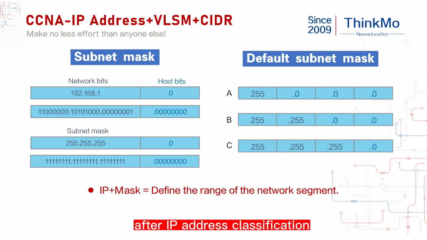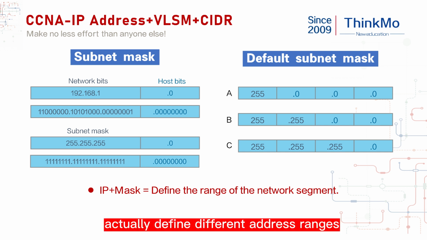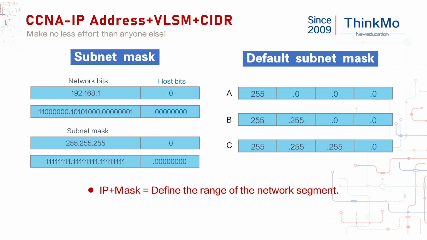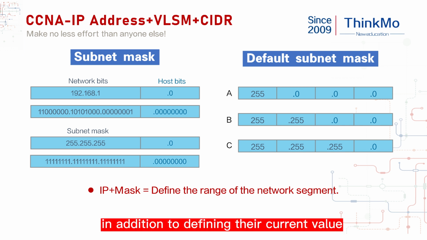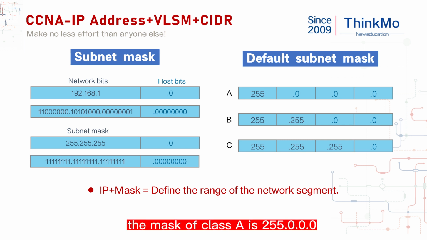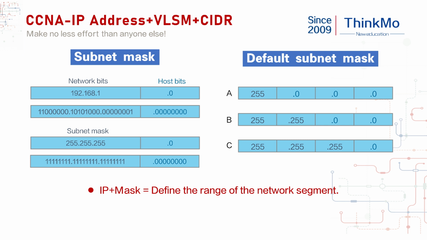After IP address classification, the three classes A, B and C actually define different address ranges, and also the subnet mask. For classes A, B and C, in addition to defining their address ranges, they also define their respective masks. The mask of class A is 255.0.0.0.